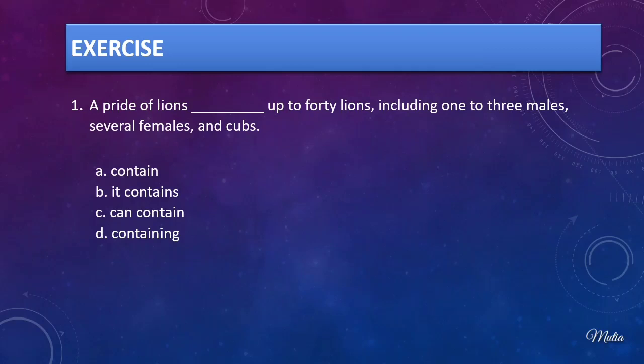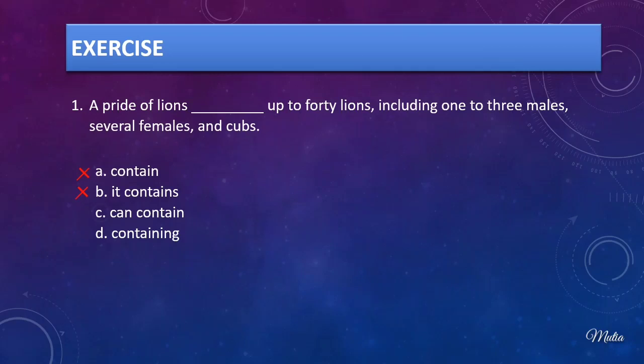Let's check the answer to complete this sentence. A. Contain. It is incorrect because there is no S at the end of the word contain. B. It contains. It is incorrect because there is a subject it. C. Can contain.